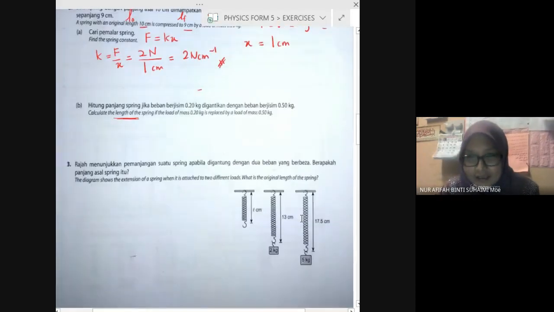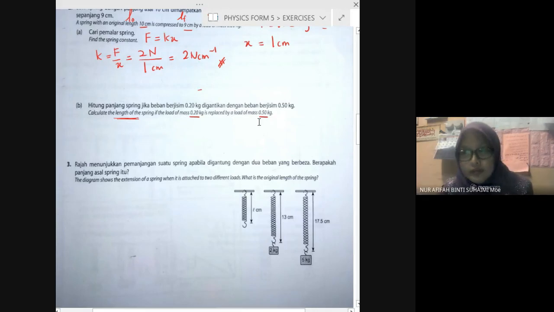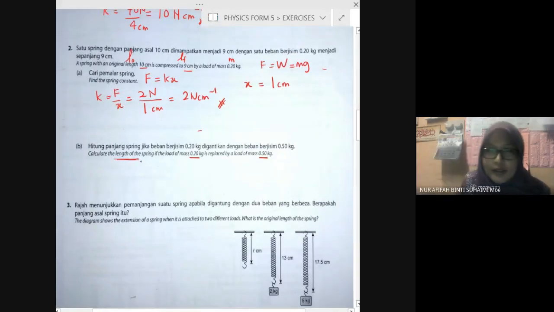Okay, tengok B. Calculate the length of the spring if the load of mass 0.2 is replaced by a load of 0.5 kilogram. Calculate the final length of the spring.